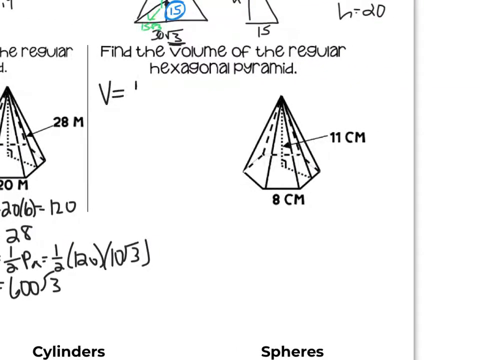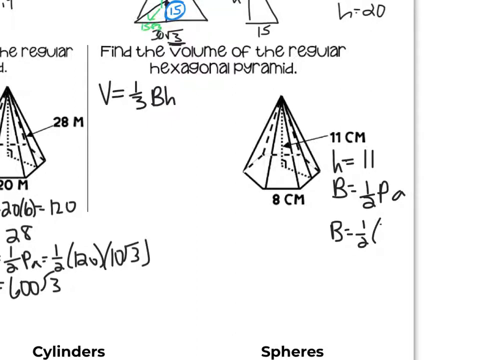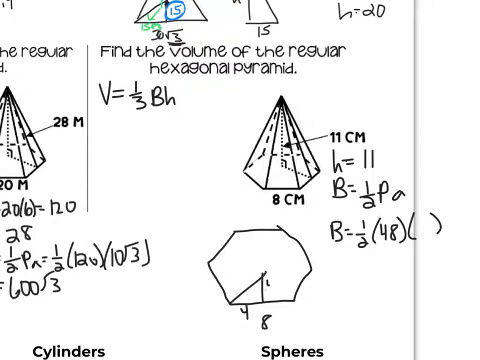Volume is 1/3 area of base times height. So I only need two things, area of my base and my height. So my height is 11. For base, I'm going to use 1/2 perimeter times apothem. So 1/2, my perimeter is 8 times 6, which is 48, times my apothem. What should I do? Draw a picture. 8, 4 square root 3.